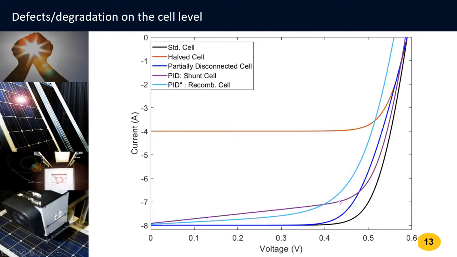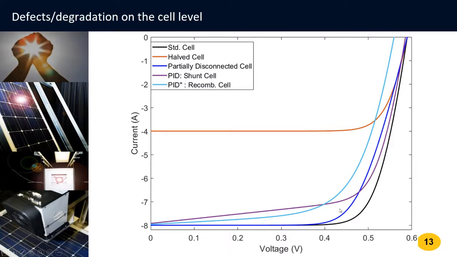If you look at the purple line, that is where I've simulated a PID shunted cell, which would obviously decrease power because of the decrease in the fill factor. However, assume the rest of the module is this ideal standard cell and it occurs at approximately 7.5 amps.